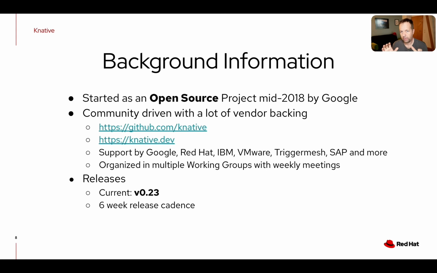Before we go into more details of both of those components, just some background information. Knative started as an open source project around mid-2018. It was initiated by Google, and it's a community-driven project with a lot of vendor support. Many vendors are actively supporting Knative: Google, Red Hat, IBM, VMware, Triggermesh, and many, many more.